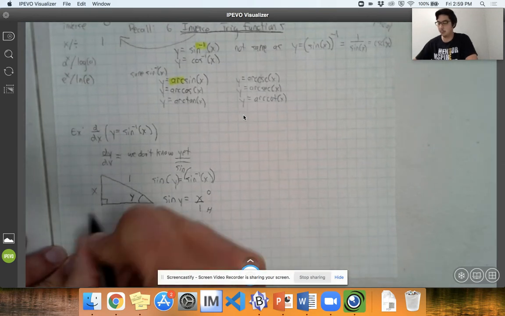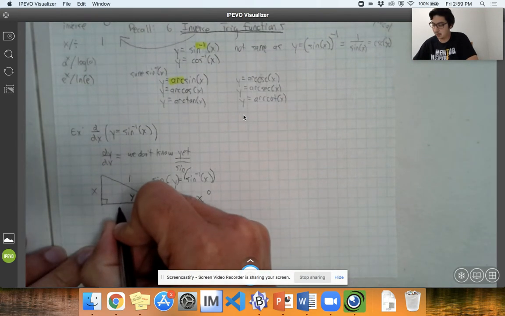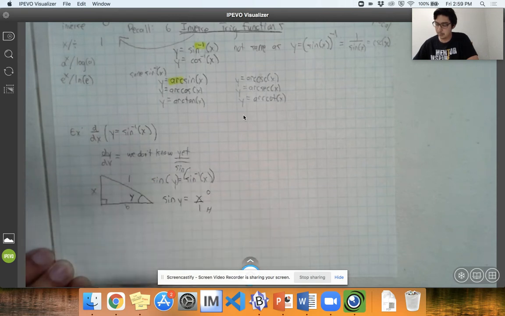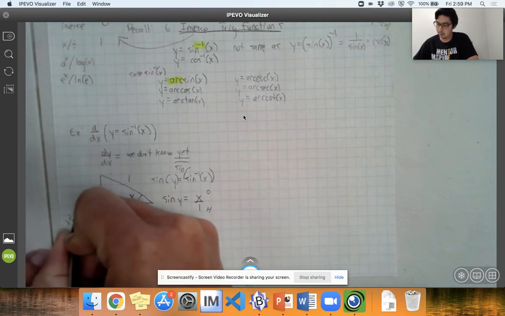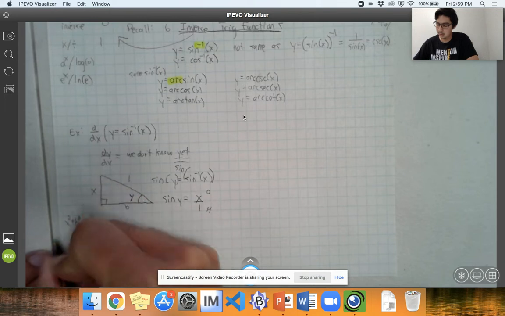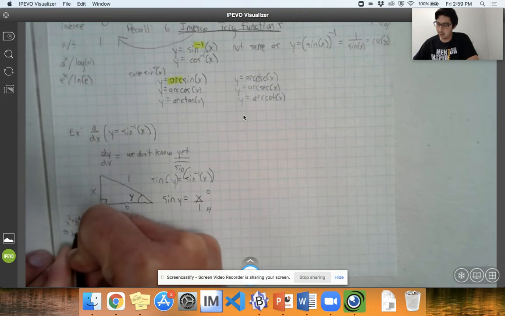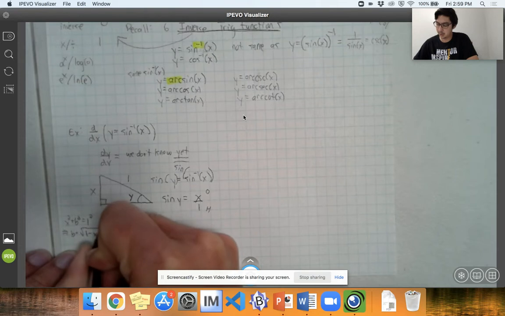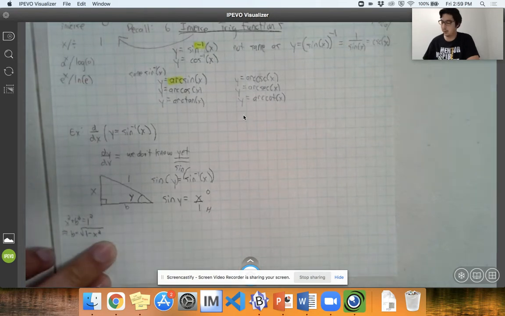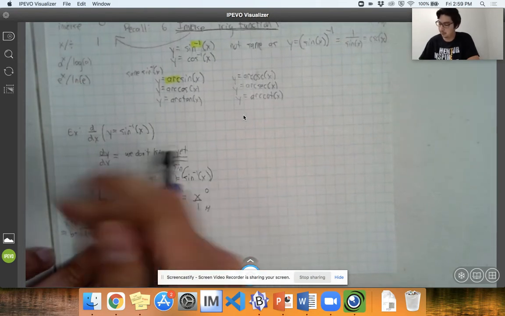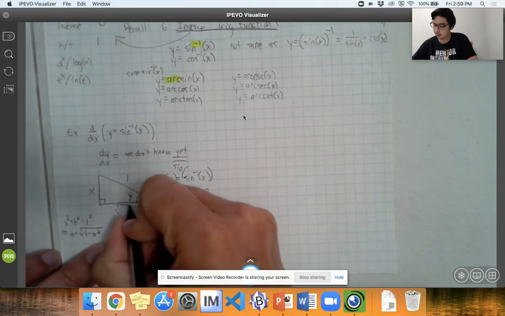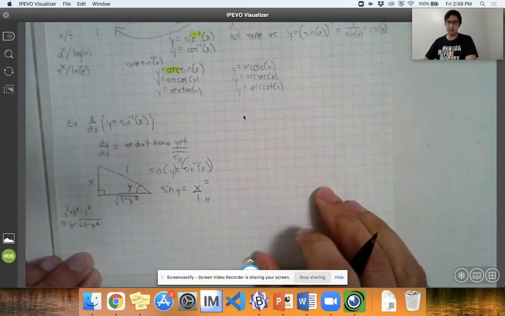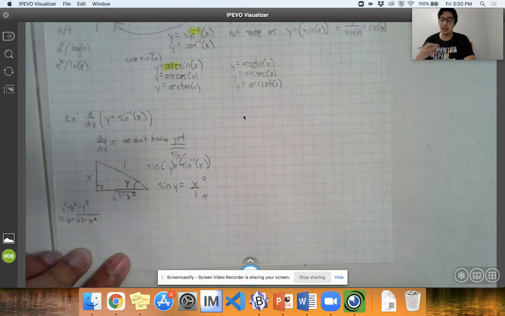Now, by Pythagorean theorem, if I call this b temporarily, it would be x squared plus b squared equals 1 squared, which implies that b is equal to the square root of 1 minus x squared. So this length, I'm going to write as the square root of 1 minus x squared.